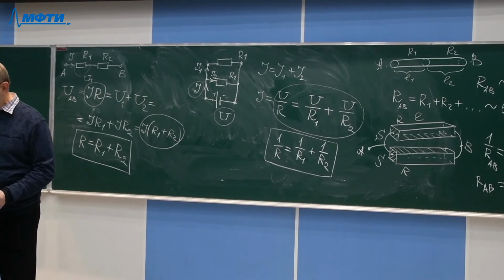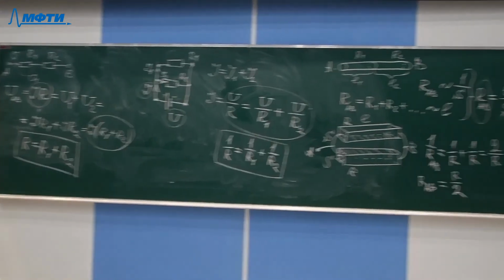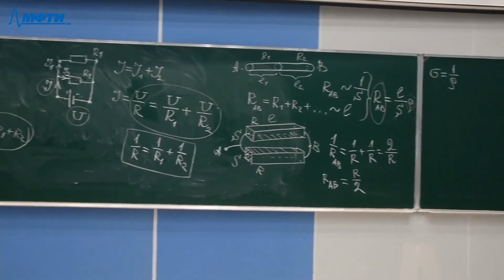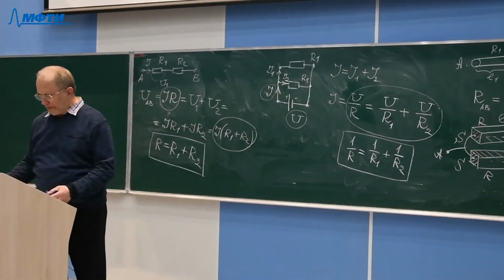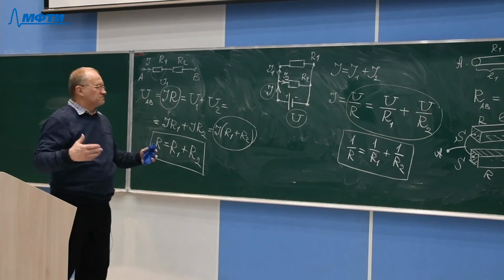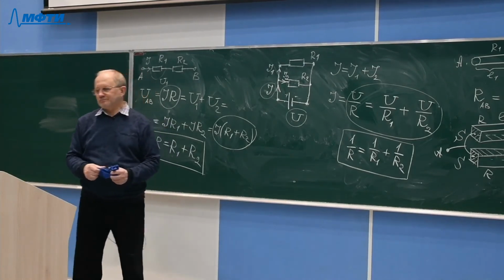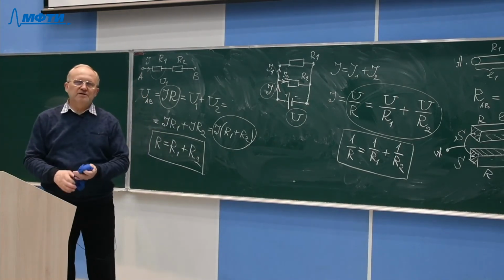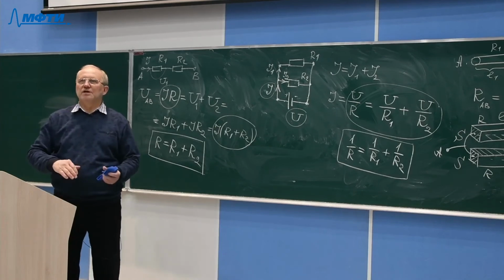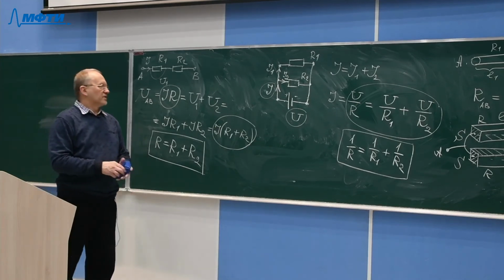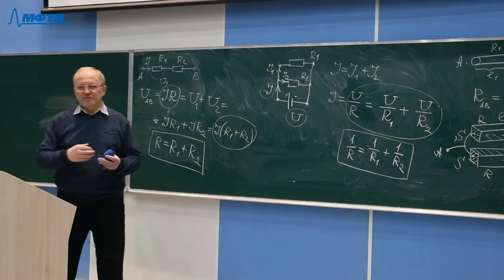So when we have a current flowing in some medium, that is a stream of electric charges, this current can be discovered by many effects, by many phenomena which accompany the current flow in a medium.